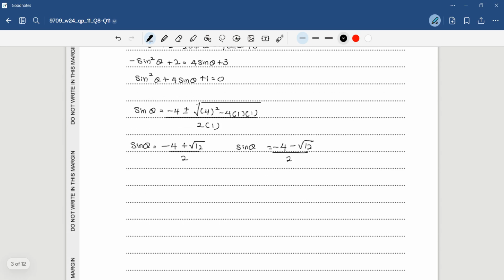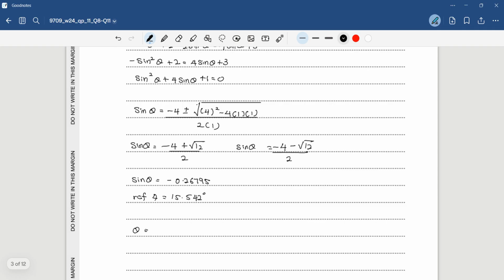If we convert this into decimal, sine theta is equal to negative 0.26795. Therefore, we find the reference angle, which will be 15.542 degrees. Since sine is negative, the quadrant will be the third and fourth quadrant.